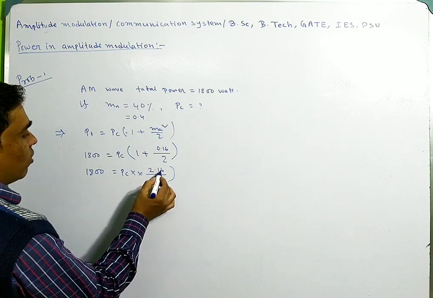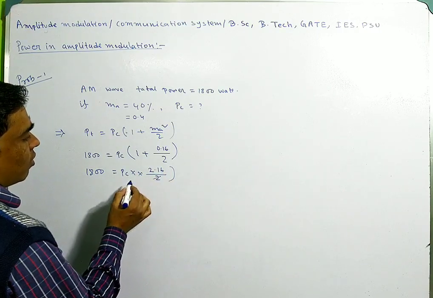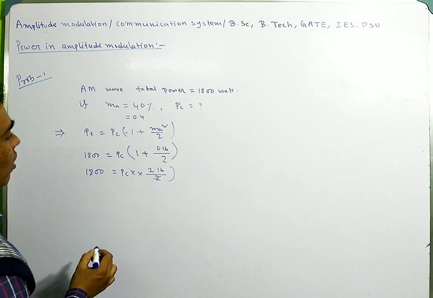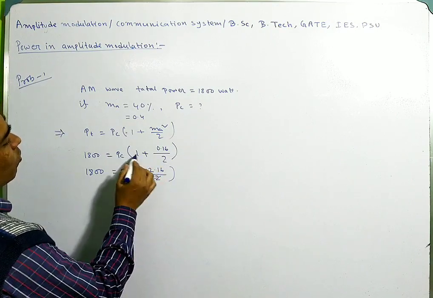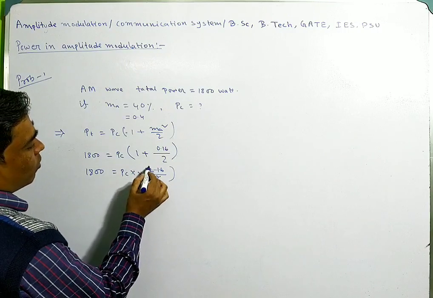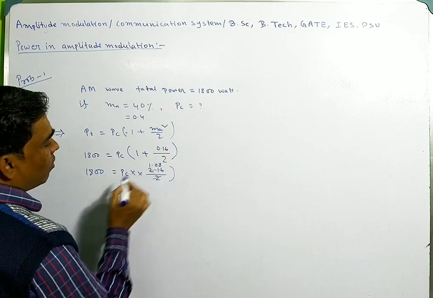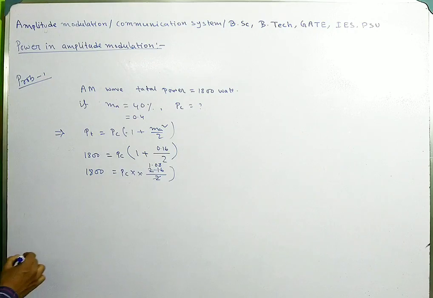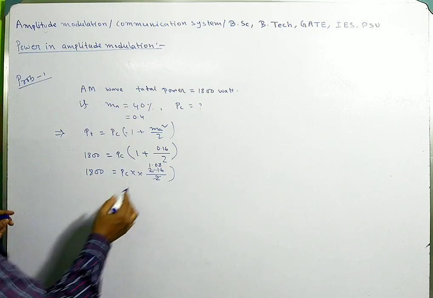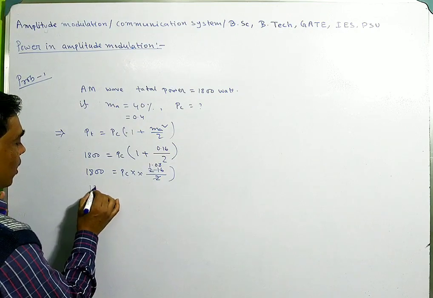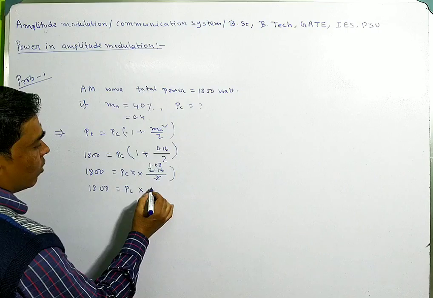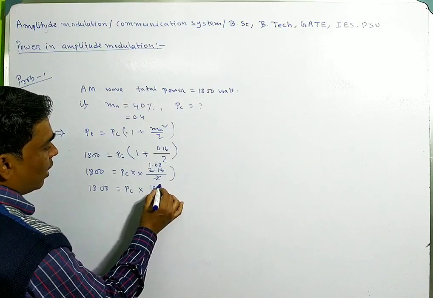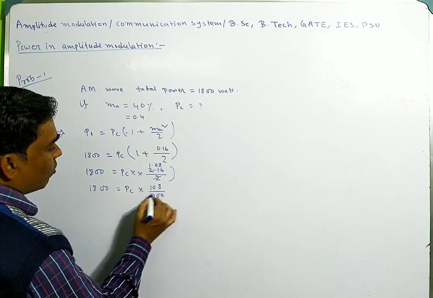So you calculate as 1 plus 0.08, which is 1.08. So 1800 equals PC into 108 divided by 100.